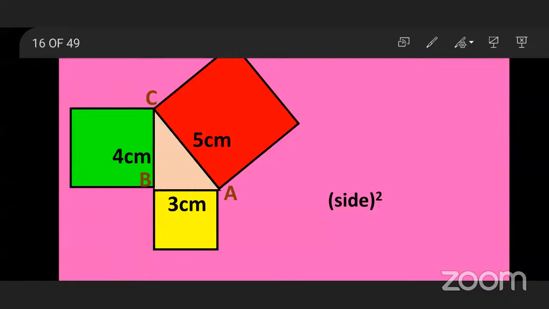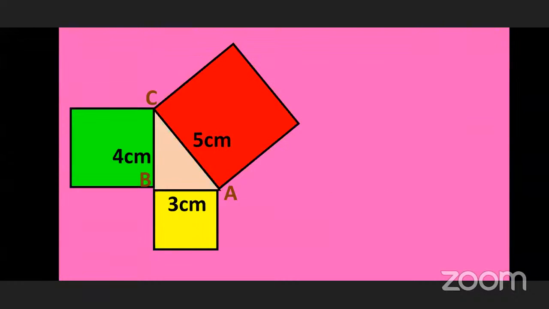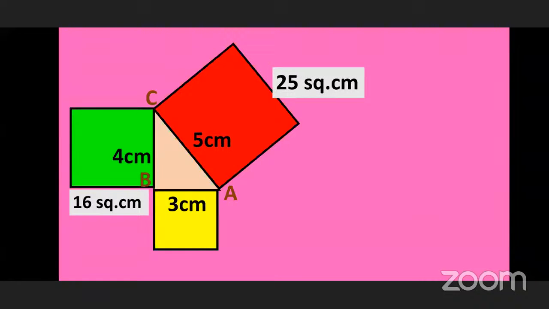Okay, children. So the area of the square whose side was 5 centimeter is 25 square centimeter. So we got the area of this square. Now 2 more squares are remaining.